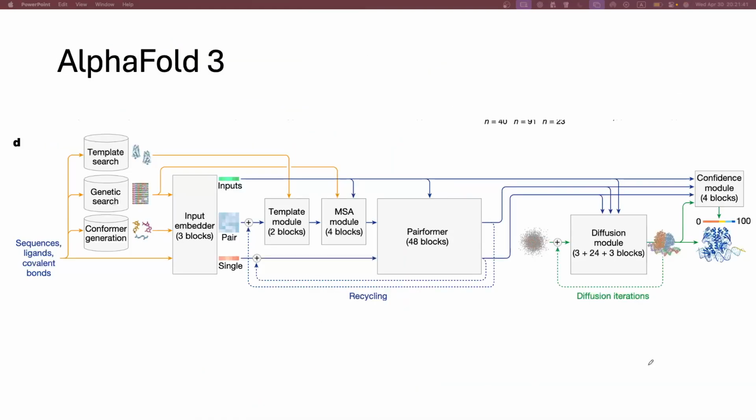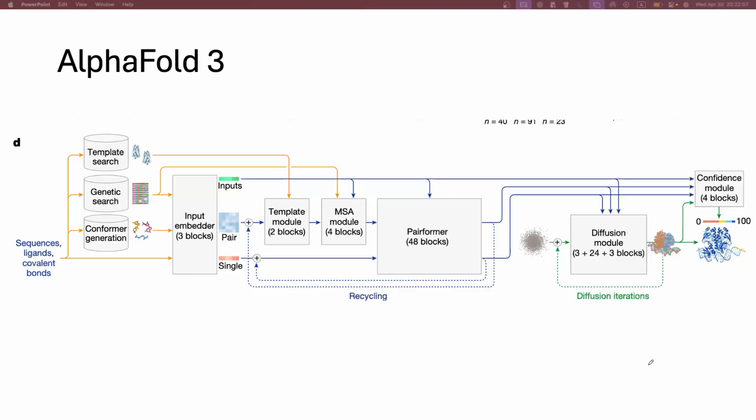So yeah, AlphaFold 3. I won't get to everything because of time, but basically, as you can see, they did some different data. I think they added genetic data.